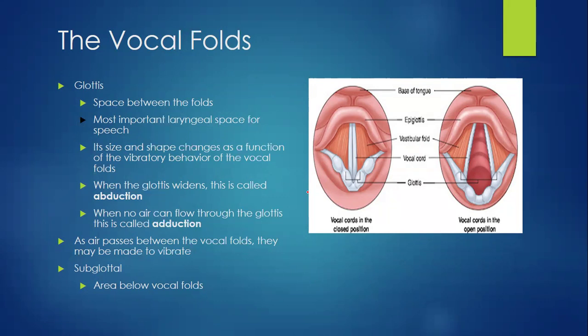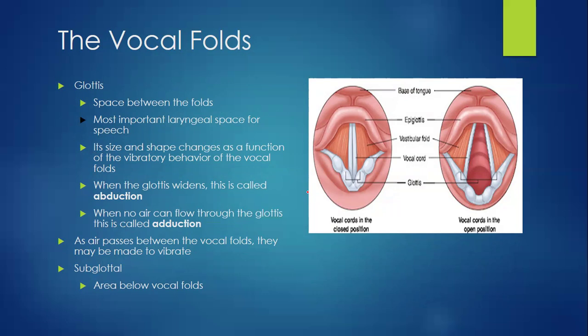And so opening the vocal folds or air passing through the vocal folds sets the vocal folds in vibration. But also the subglottic pressure is used for other things that are not necessarily speech related, okay? So just know that the space between the vocal folds is the glottis.